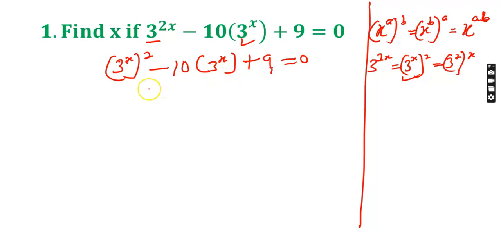So what I will do is let 3 raised to power x be p. If 3 raised to power x is p, I will have p squared minus 10p plus 9 is equals to 0. So anywhere I see 3 raised to power x, I'll write it as p.